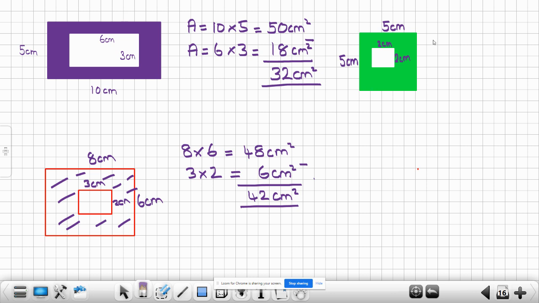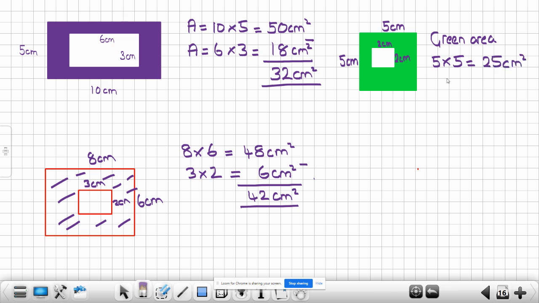Okay, pause again for this last one. So we want the green area, and we're going to find that by thinking what would be the area of the large rectangle. That would be 5 times 5 equals 25 centimetres squared.